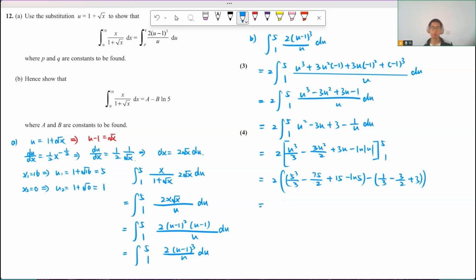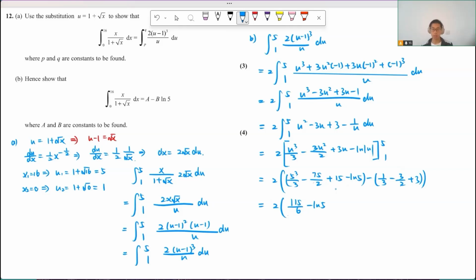So now we just have to simplify this. I'm going to put most of the terms in the calculator to simplify first. So 5 cubed over 3 minus 75 over 2 plus 15 will give us 115 over 6, and then minus ln 5 is the same.